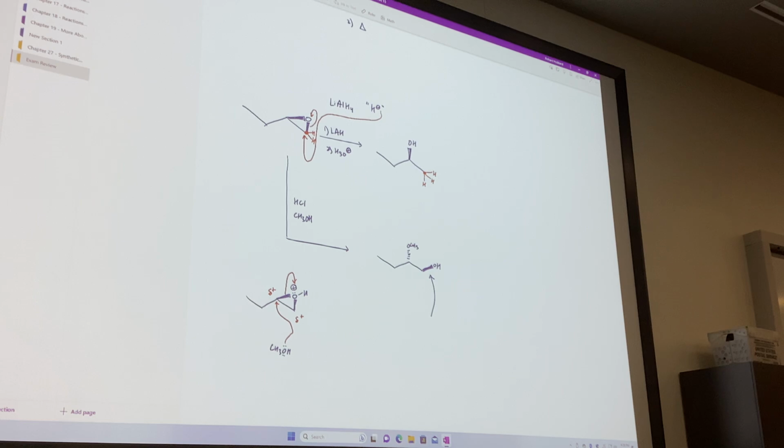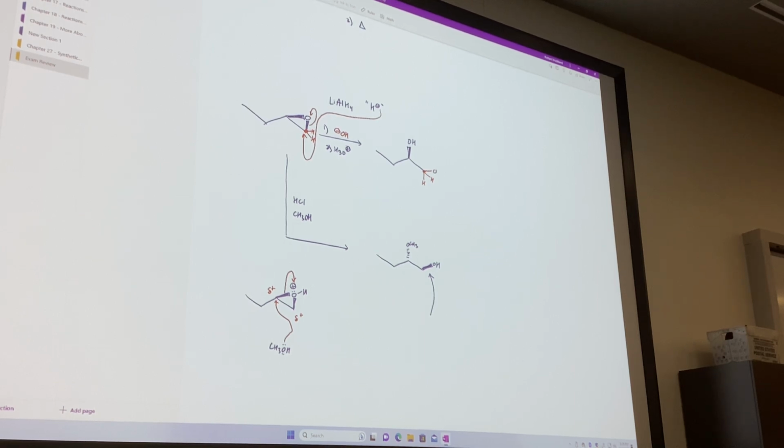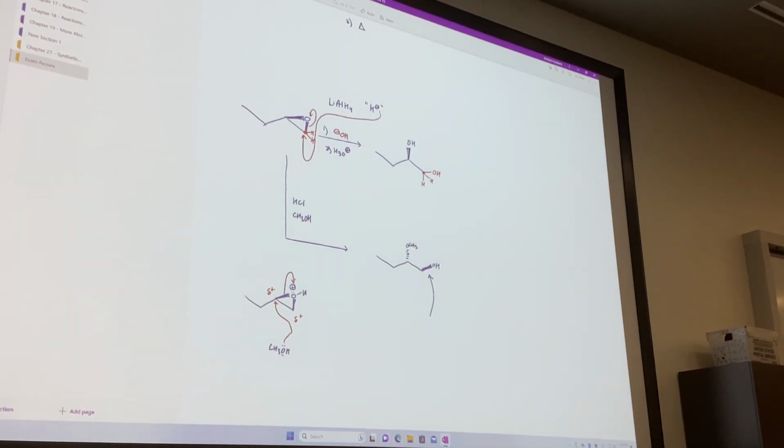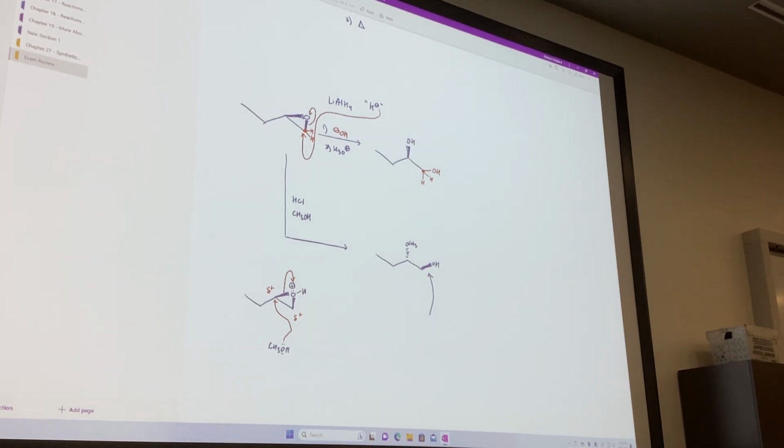If I were to replace that with hydroxide, then what I'm going to end up with is this, right? My OH, I'm going to get that 1,2-diol instead. So the LAH is the only way to get an alcohol instead of a diol from an epoxide.